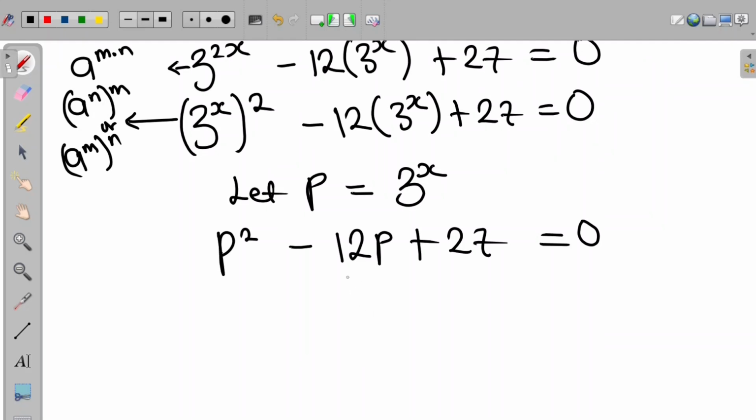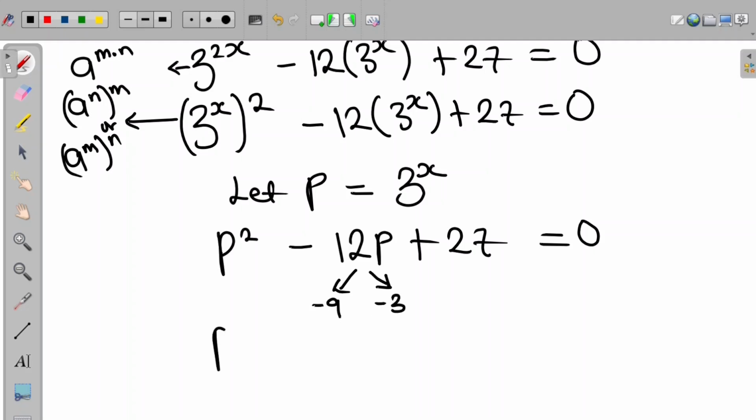So first, we look out for two numbers that when we add them, the result gives us negative 12, but when we multiply them, the result gives us positive 27. So the two numbers are negative 9 and negative 3.